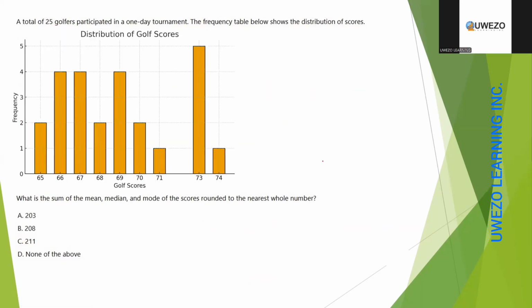The same table could also be in a graph format, where we call the graph a histogram. So to interpret this, you can see the value 65 is repeated twice. So you write 2 65s, and then 66 has a frequency of 4. That means there are 4 values which are 66.